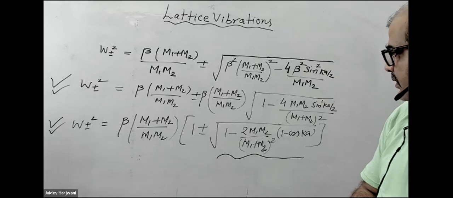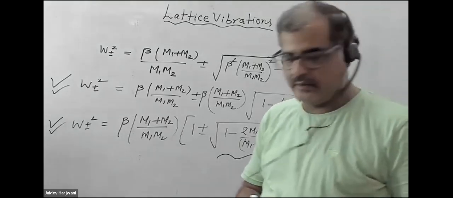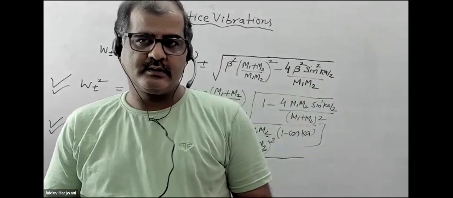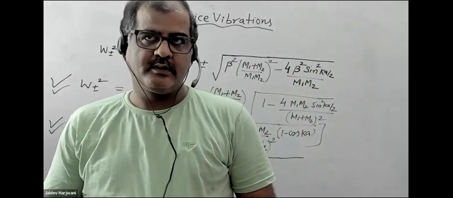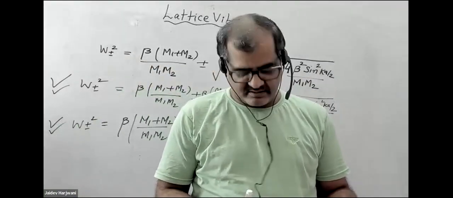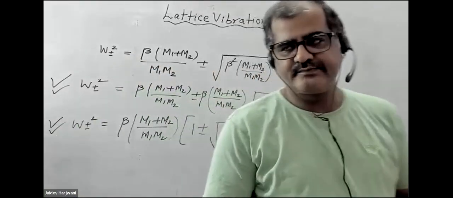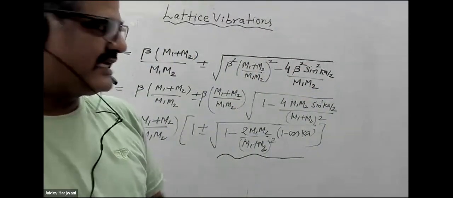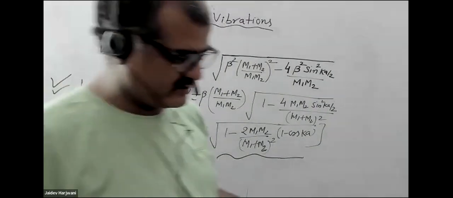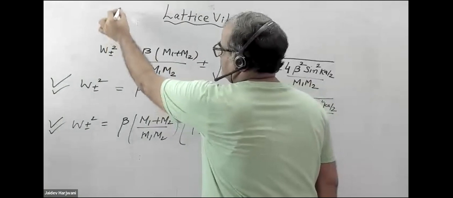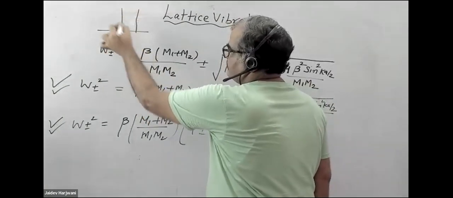Sir, I have one doubt. Ask. What is the cutoff wavelength in the graph, sir? Cutoff, what is the maximum frequency? What we have seen at the corner, the maximum frequency, that is your cutoff frequency. We have plotted this graph now. This was my graph.